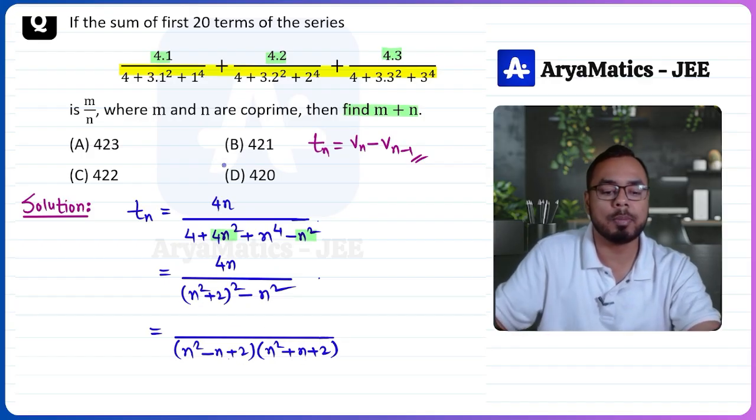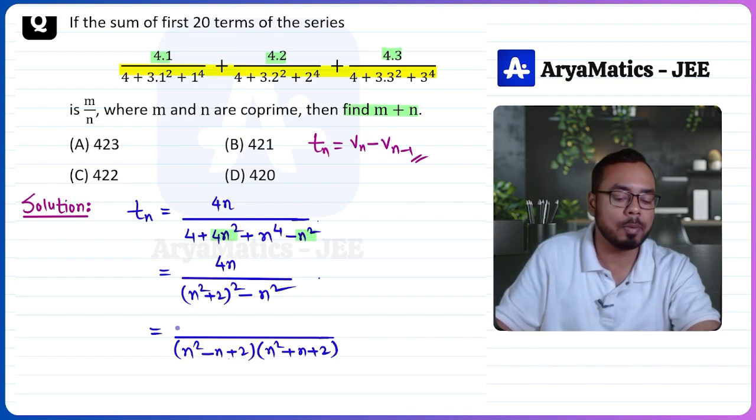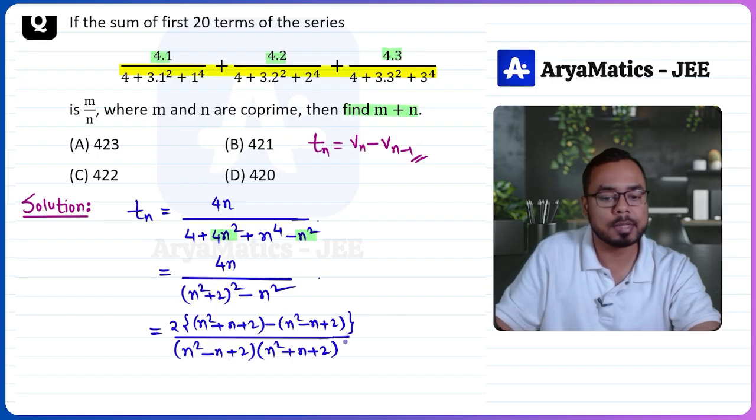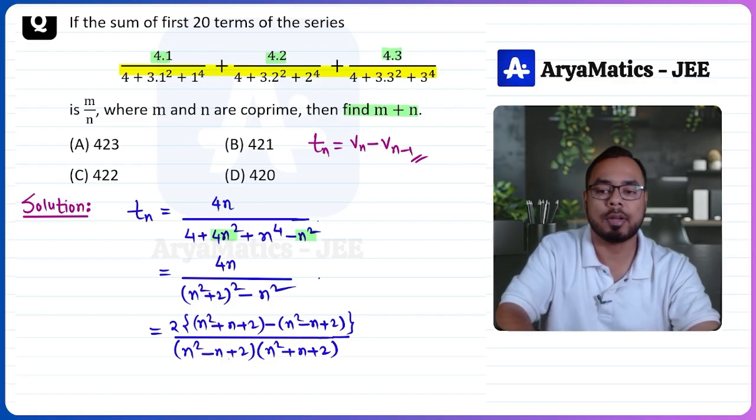So the 4n in the numerator you can write as 2 into 2n, and this 2n you will write as n square plus n plus 2 minus (n square minus n plus 2). Why? Because our aim is to write this as the difference of two consecutive terms.